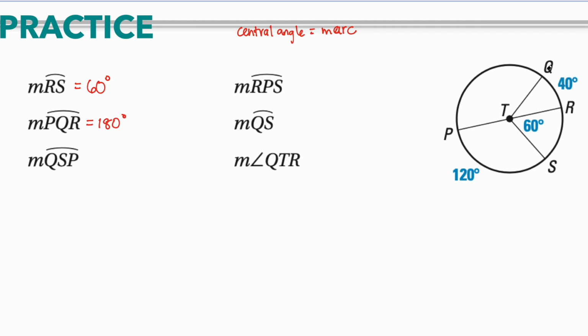So I'm going from Q to S, and then from S to P. So I need to add these up. This is 40 degrees, this was 60 degrees, and then this was 120 degrees. So 40 degrees plus 60 degrees plus 120 degrees is going to be 220 degrees.